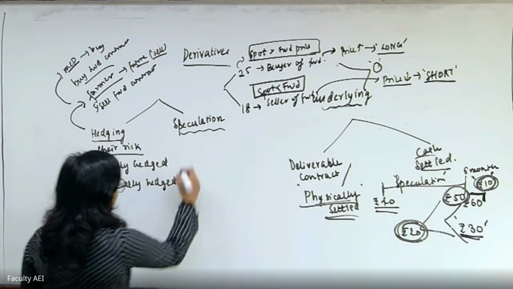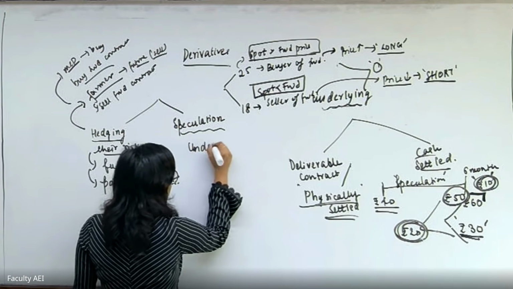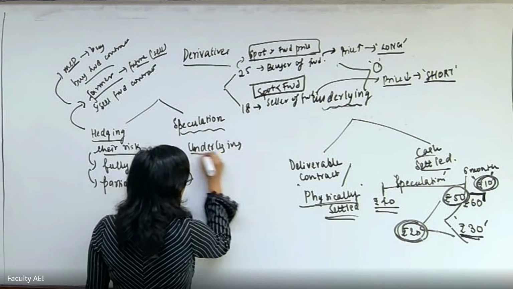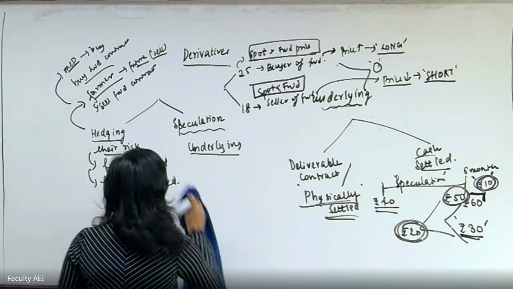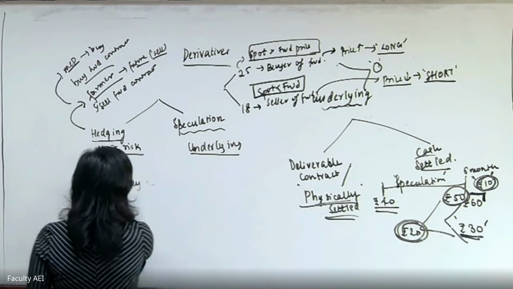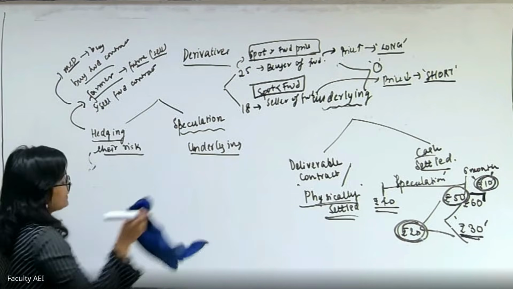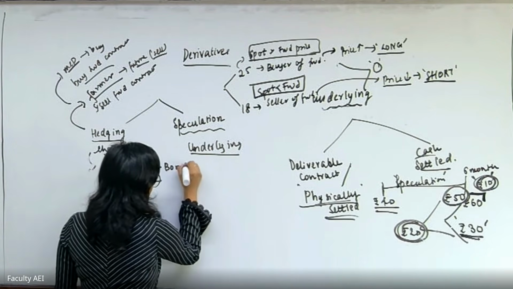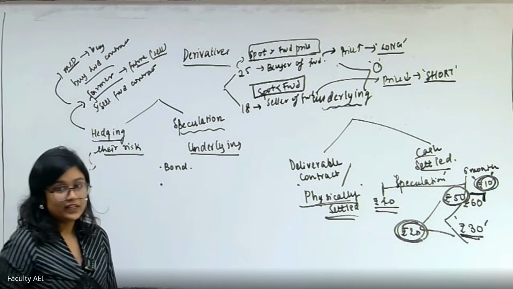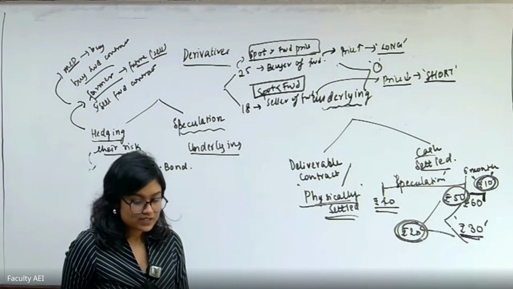As we discussed, underlying assets can be anything. Your underlying instrument in which you are entering into the forward contract can be anything. It can be a bond. We will be discussing in detail what a bond is in fixed income instruments.